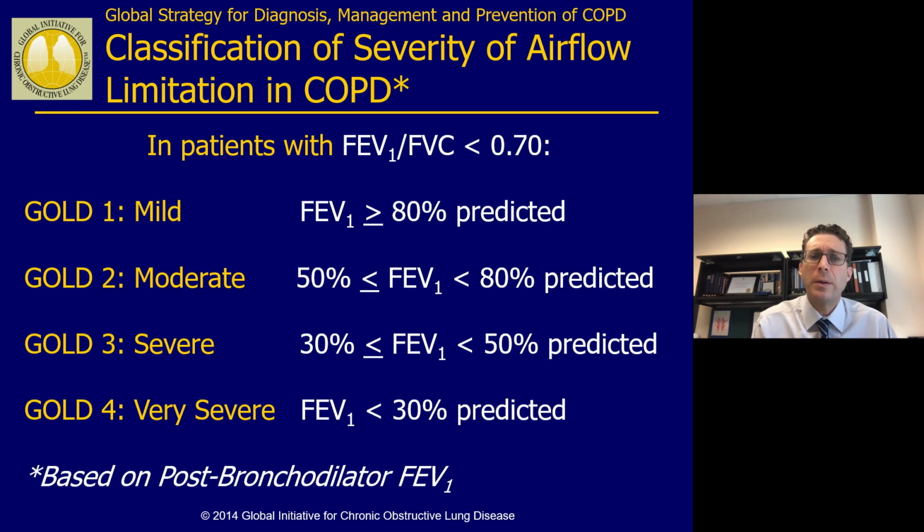For simplicity's sake, GOLD defined COPD based on an FEV1 to FVC ratio less than 0.7, and then stage the severity of COPD into these numerical categories 1, 2, 3, 4, or mild, moderate, severe, and very severe, based on fairly arbitrary cutoffs of FEV1 percent predicted. These have really fallen out of utility in the GOLD guidelines for treatment decisions, but pulmonary function labs may still report these GOLD severities, and patients may read and ask you about them.